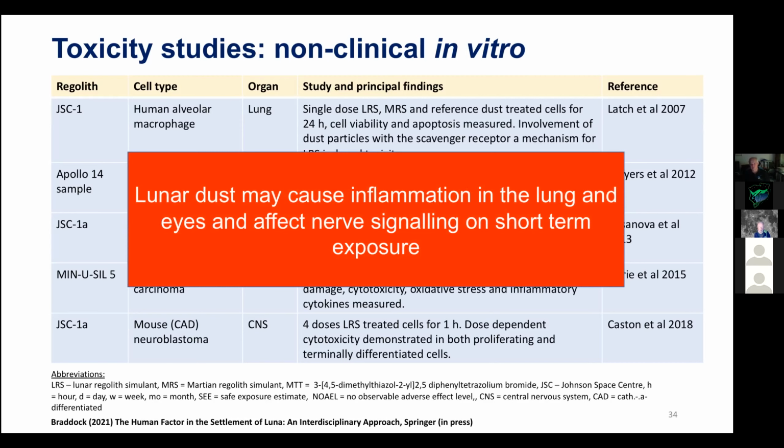So that's the conclusion of these studies that have been conducted in the lab, in vitro. And again, it doesn't necessarily mean that this would happen, but it serves as a warning, I think, for mission planners for the future, that we need to consider the possibility, and it's probably not unreasonable, that lunar dust, as with any small particles, would cause inflammation in the lung, and how do we manage it?